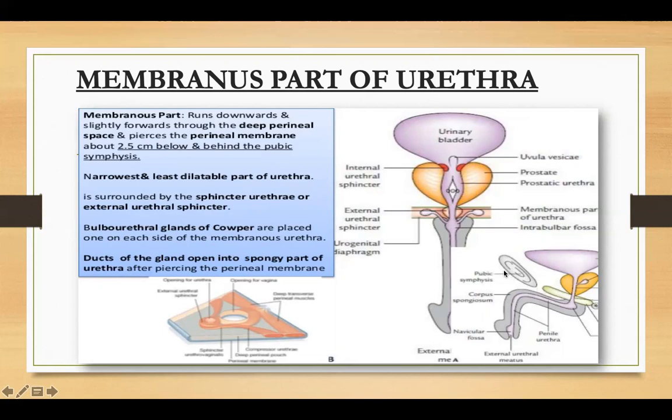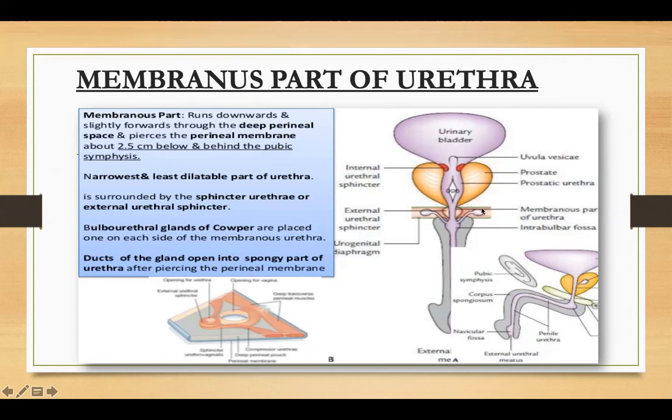It is the narrowest and least dilatable part of the urethra. It is surrounded by the sphincter urethrae or external urethral sphincter. So ये है external urethral sphincter. Bulbourethral glands of Cooper, this is the bulbourethral glands, are placed one on each side of the membranous urethra. Membranous urethra के ये दोनों साइड में क्या है?